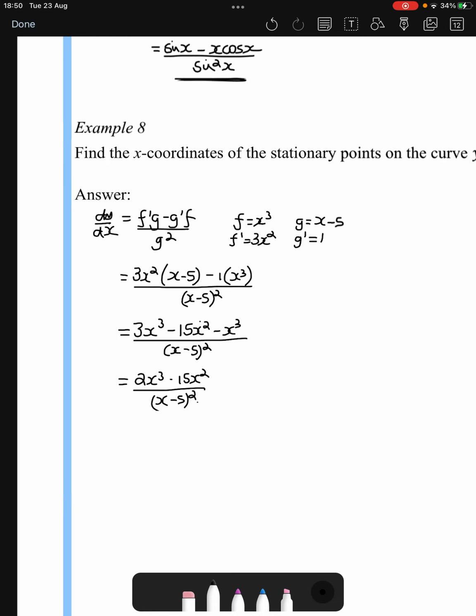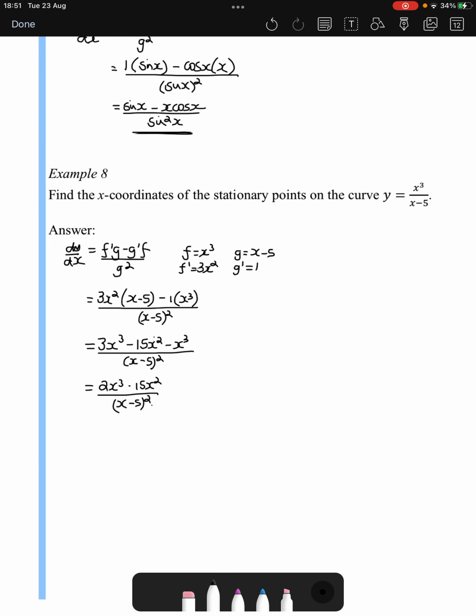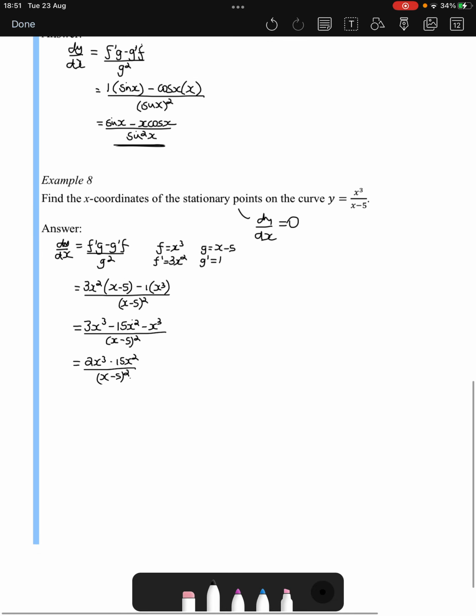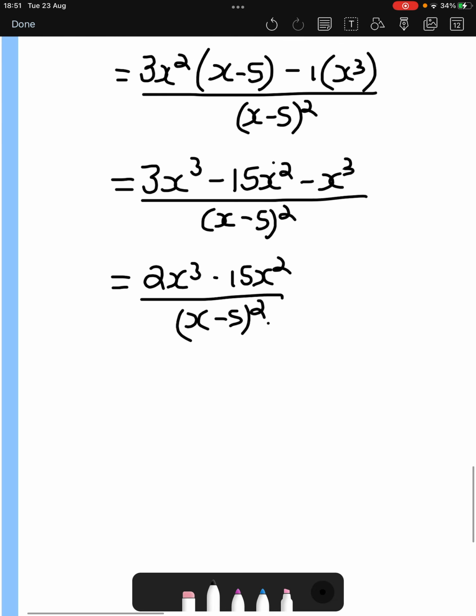The question's asking you for the coordinates of the stationary points. Now we know stationary points, we know that dy by dx is 0. So what we're going to do, there's space underneath, we're going to set this equal to 0.